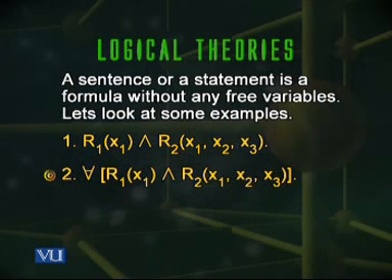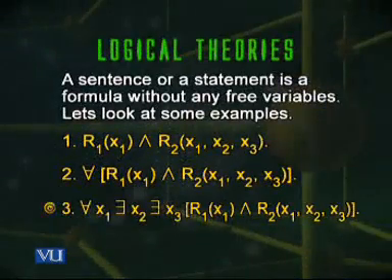Let's look at the second formula. That's for all x1, R1(x1) and R2(x1, x2, x3). In this formula, x1 is not a free variable because it comes within the scope of a quantifier, whereas x2 and x3 are free variables.